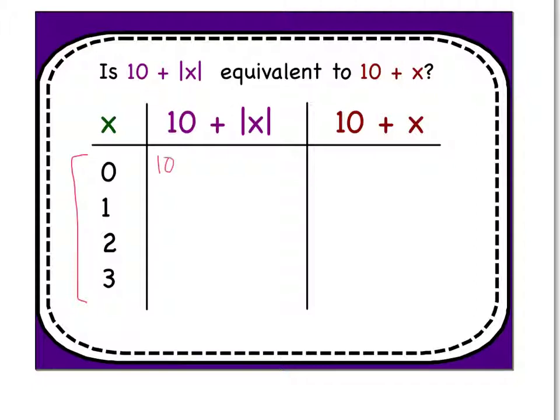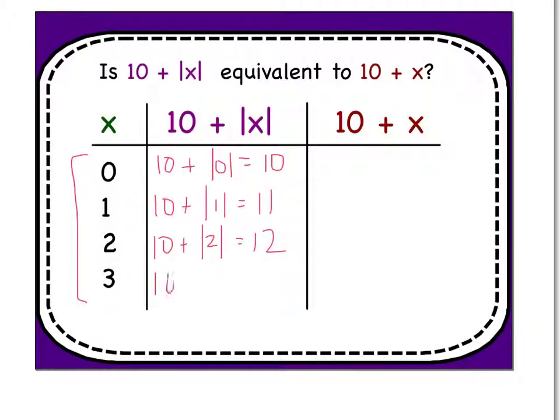So we have 10 plus the absolute value of 0. Absolute value of 0 is 0 plus 10 is 10. We have 10 plus the absolute value of 1. 1 plus 10 is 11. 10 plus the absolute value of 2. 2 plus 10 is 12. 10 plus the absolute value of 3, which gives us 13.